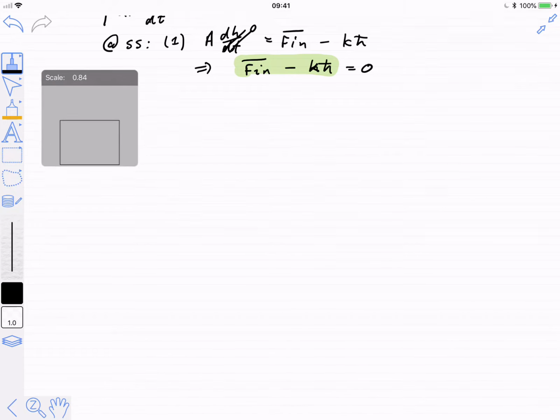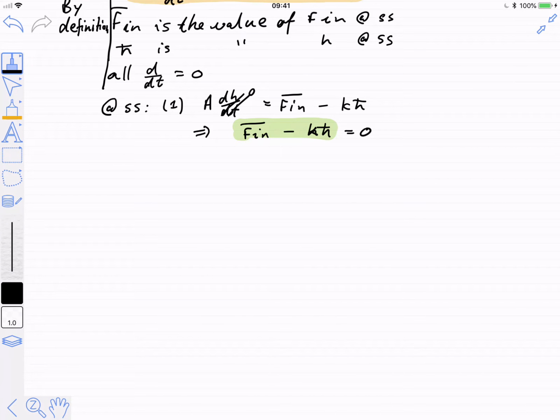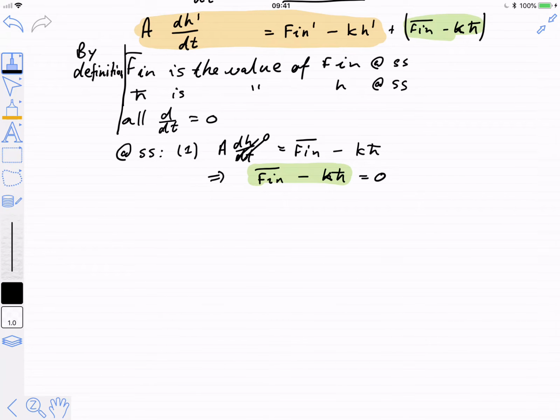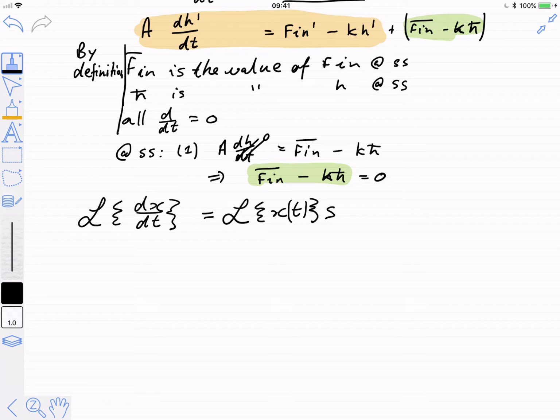So the reason why we've introduced deviation variables in the first place is because we would like to use an identity from the Laplace transform that says the Laplace transform of some derivative with respect to time is equal to the Laplace transform of the function of time times s.